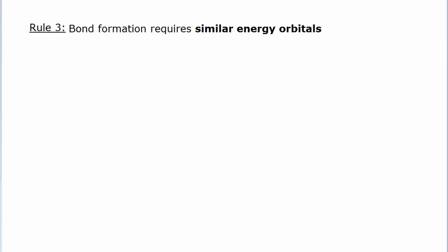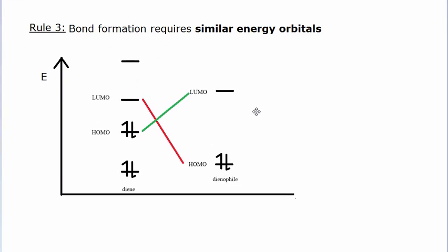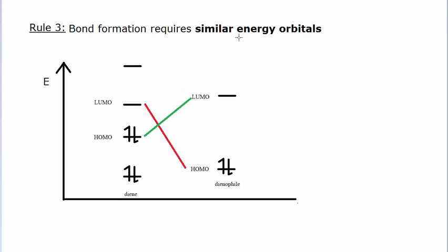So if we look at an energy diagram for the remaining orbitals, previously it was unscaled, now it's going to be scaled. We see that one of these has a larger energy difference than the other. So the HOMO-LUMO pair from the dienophile to the diene has a larger energy difference than the HOMO-LUMO pair from the diene to the dienophile.